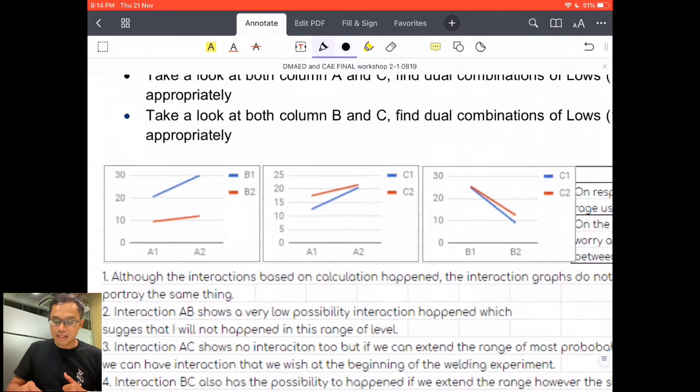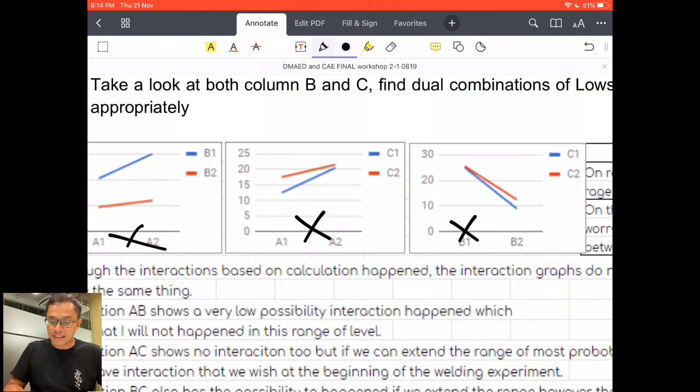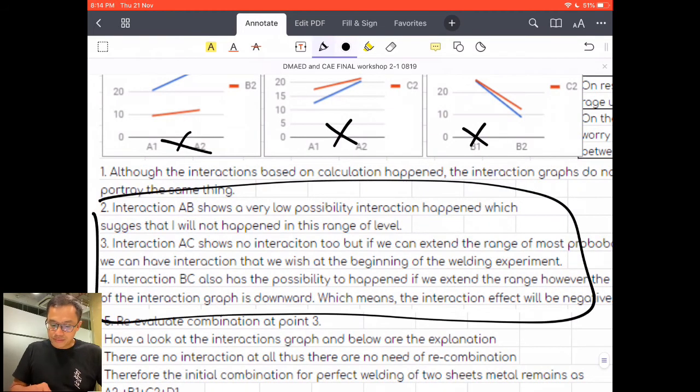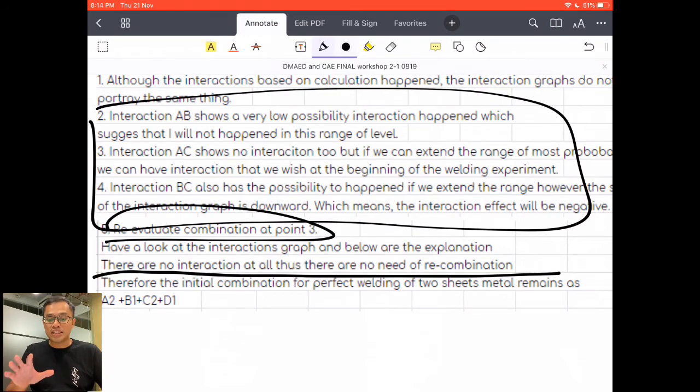As you can see here, none of them has interaction. AB and AC technically have good output, they will increase, but BC is going to drop a bit, which is a negative gradient. I have all the answers here. For the evaluation of the combination, there is no interaction happening in this graph.